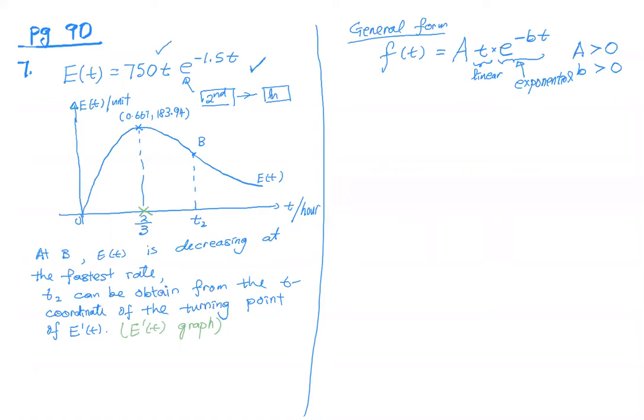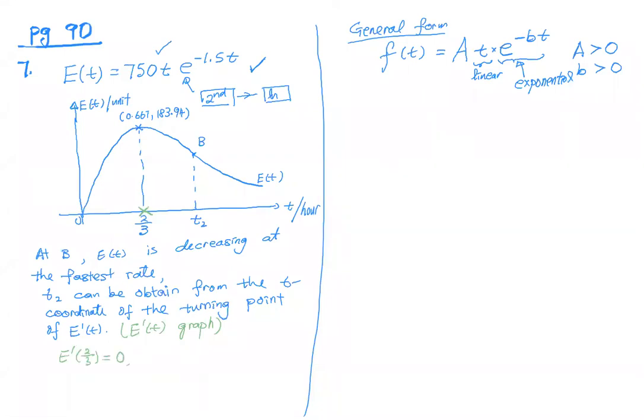If I'm wrong, please correct me. Yes, that's correct. Why is it correct? Because that is the turning point of ET. Right. So I know that E prime 2/3 is equal to 0.